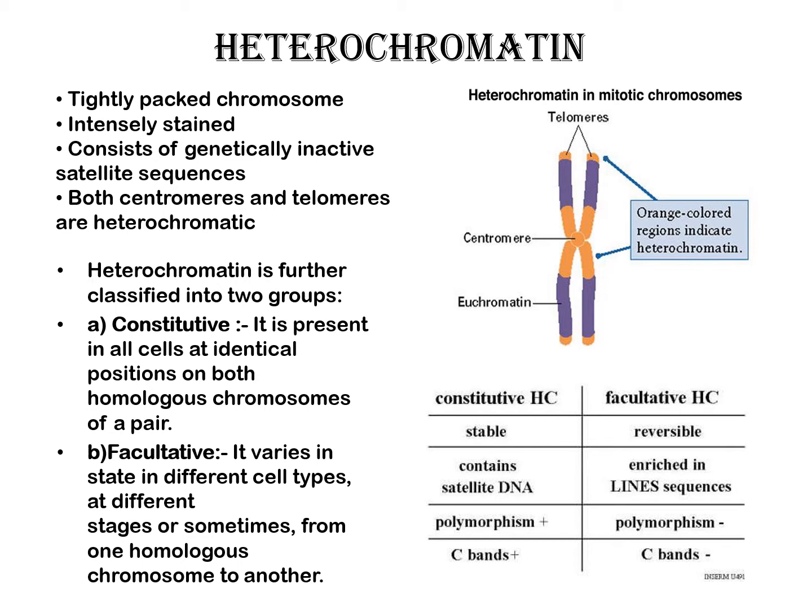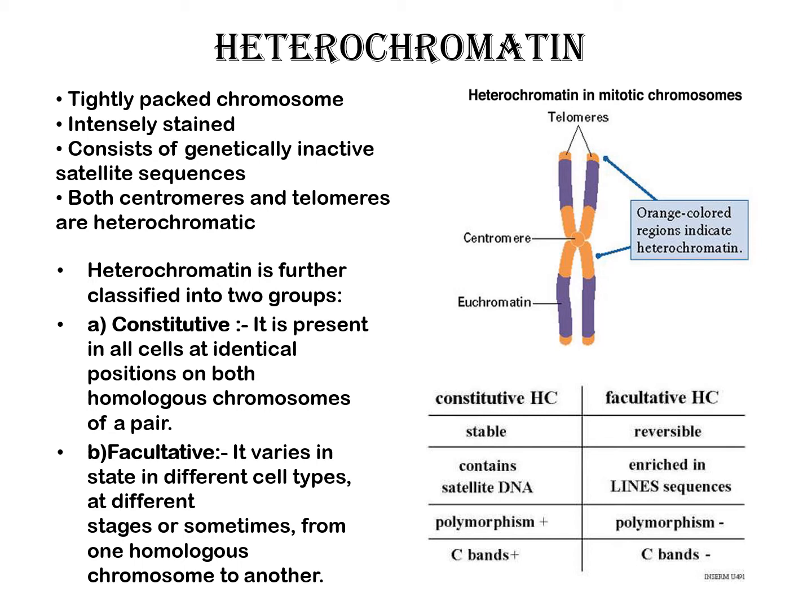The constitutive heterochromatin shows polymorphism. It is found in two forms, alpha constitutive heterochromatin and beta constitutive heterochromatin, while polymorphism is absent in facultative heterochromatin.